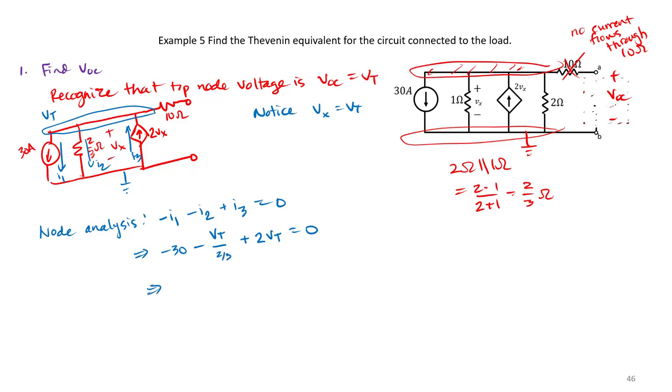So if I rearrange, I get minus 3/2 Vt plus 2Vt equals 30. Solving for Vt, I determine 0.5 Vt is equal to 30. That means Vt is going to be 60 volts.